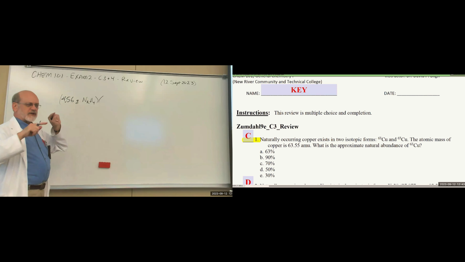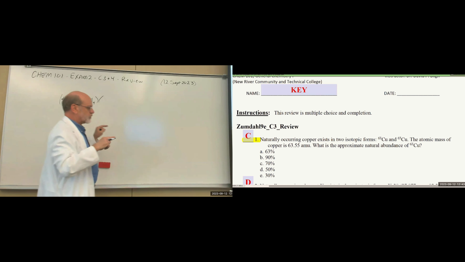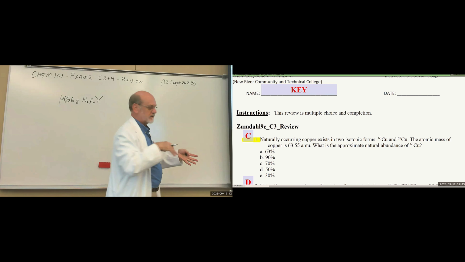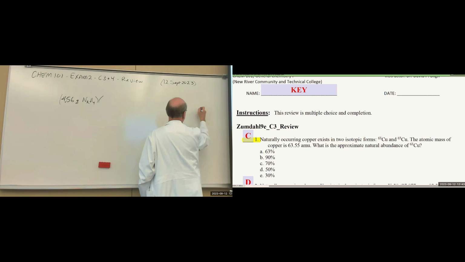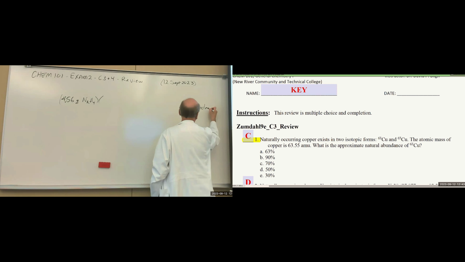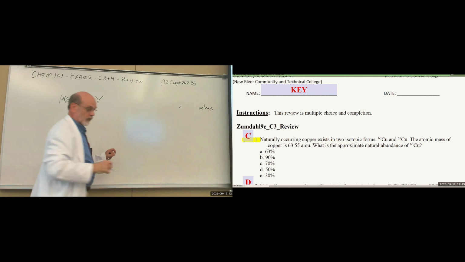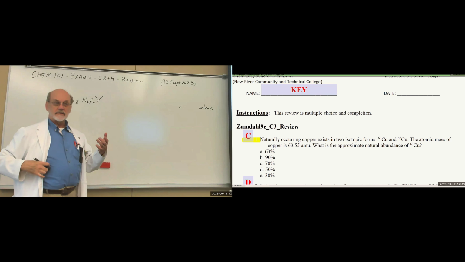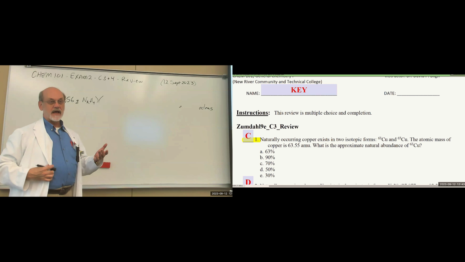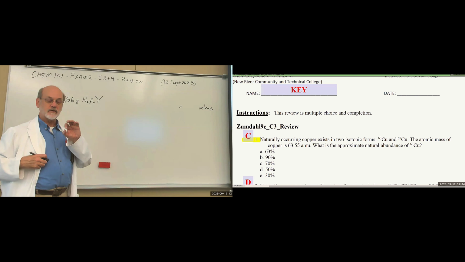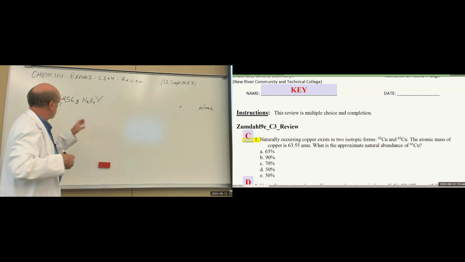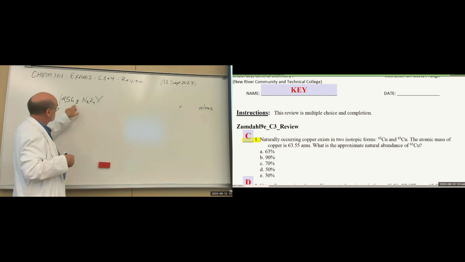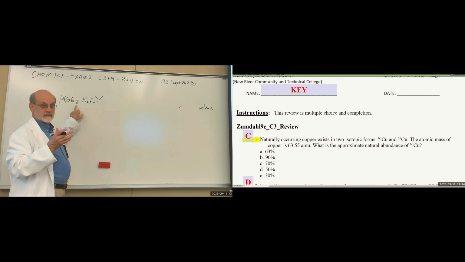The gap that you need to bridge is between mass and numbers. Okay, so you need numbers of atoms. And the only bridge we have between mass and numbers is Avogadro's number. That's the conversion factor that takes you from mass to numbers. This is in grams, so that's good.